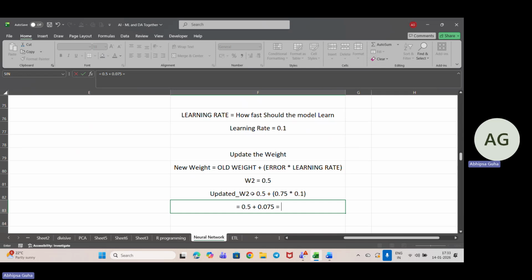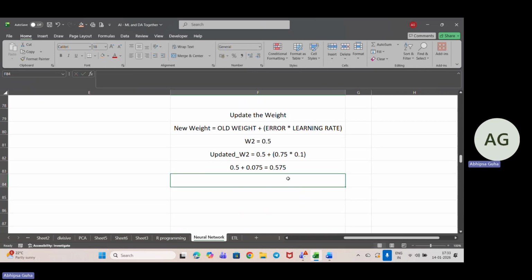So my updated value is coming out as 0.575. Now my output weight is now better, right? My output weight is now better.